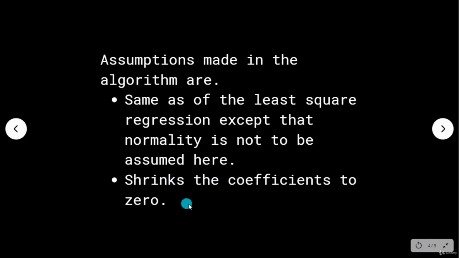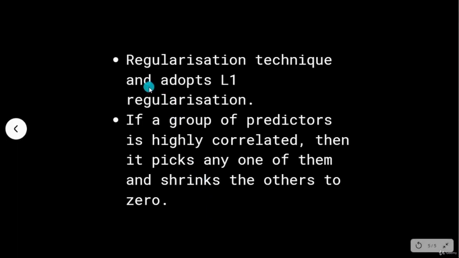Second, it shrinks the coefficient to zero, which makes it easy for selection. Third, this is a regularization technique and adopts L1 regularization. And the fourth assumption is, if a group of predictors is highly correlated, then it picks any one of them and shrinks the others to zero.